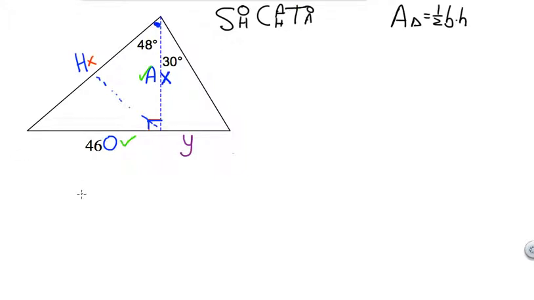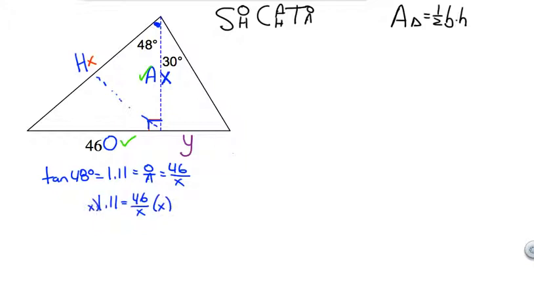So I say the tangent of 48 degrees equals 1.11, and like all tangents, that's equal to O over A, which for this particular one is 46 over X. So what I know is that 1.11 equals 46 over X. If I multiply both sides by X to get X out of my denominator, I end up with 1.11x equals 46.